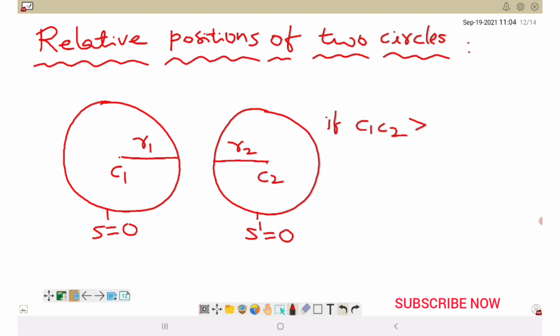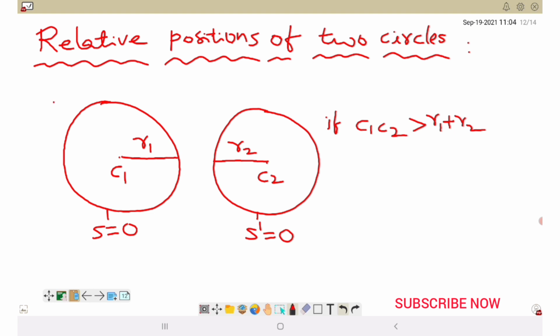If C1 C2 is greater than R1 plus R2, then each circle lies completely outside the other circle. Here the two circles do not intersect.